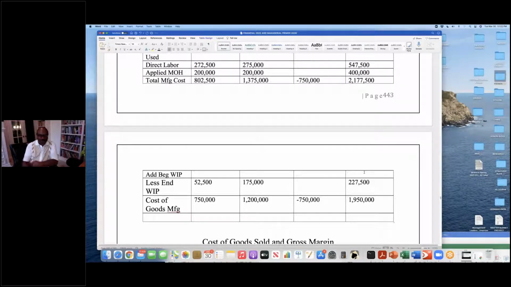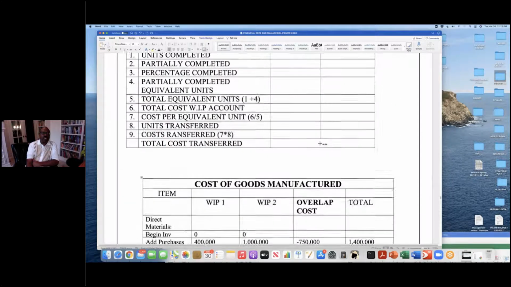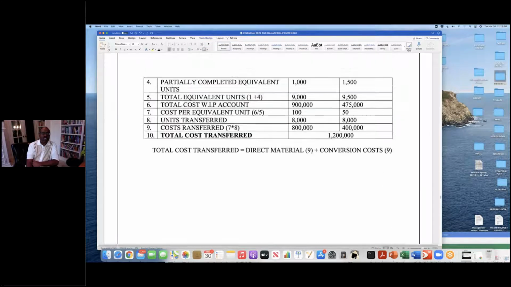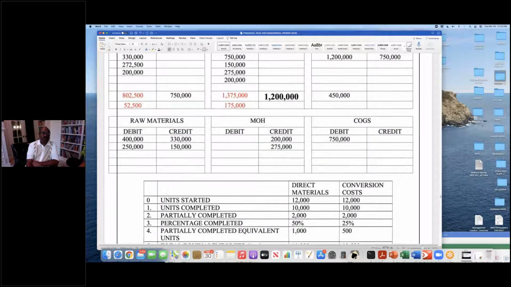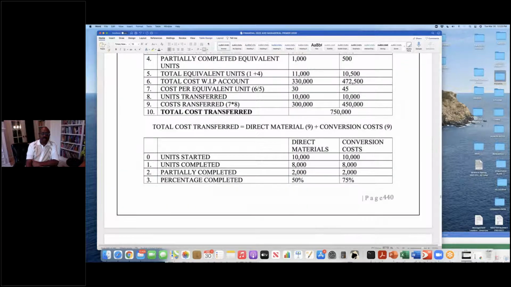But see if you can get this down here. Whatever was that overlapping cost that we transferred over, we can't count the cost over here and over here also. As a company, we only incurred the cost once. It just went through another process.